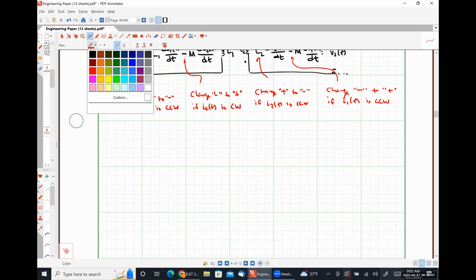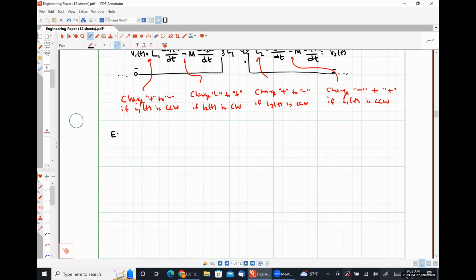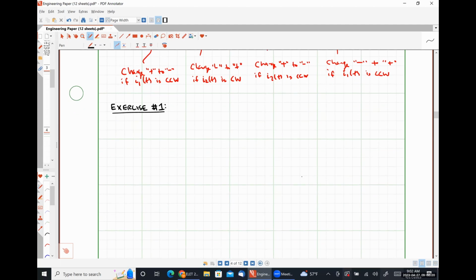So let's say that I have the following configuration. Does not matter what's connected here. I'm defining my voltage V1 of t like so.